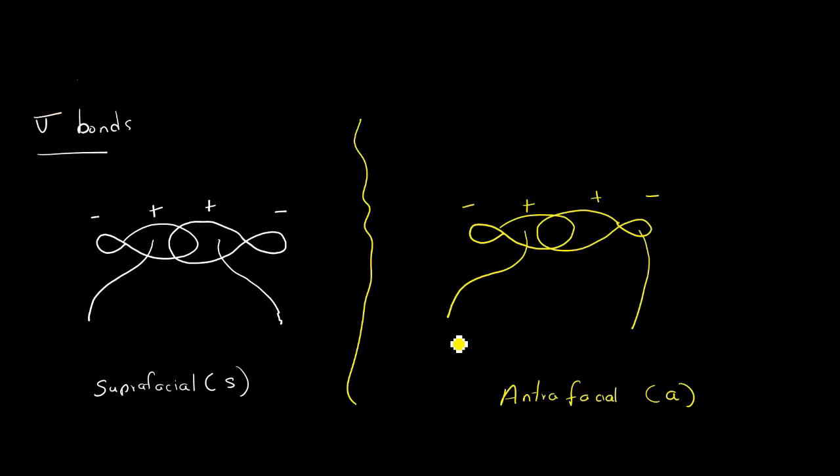Now let's do 2 examples, shall we? So example number 1. We have this particular reaction. So here we have the 2 orbital pairs which are going to interact with each other.